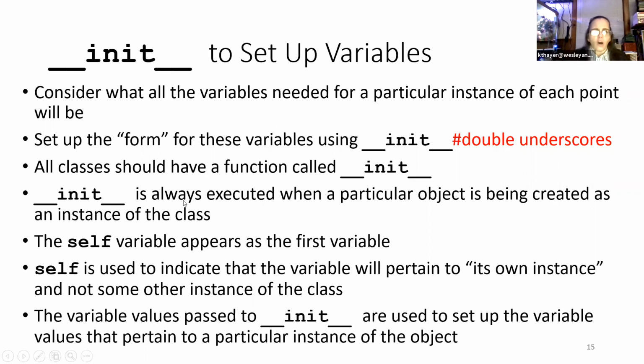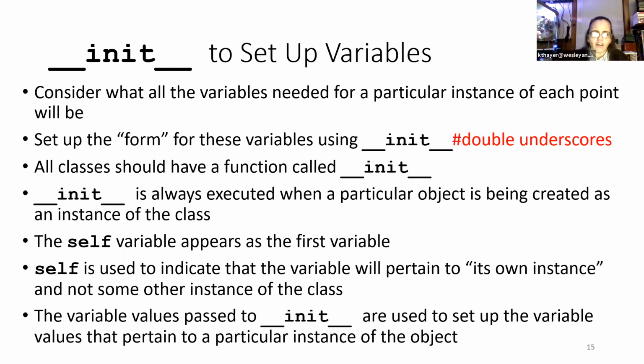Init is just automatically executed when a particular object is being created as an instance of the class. The self variable, which is a really curious thing, appears as the first variable. What is self? Self is a variable that means pertains to this object.